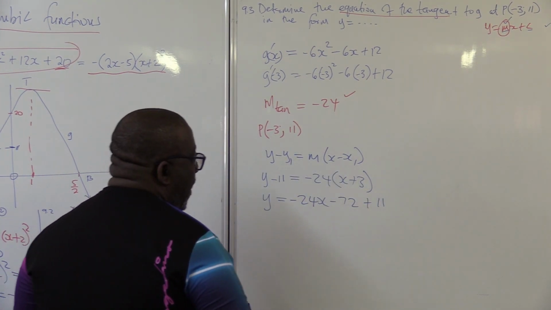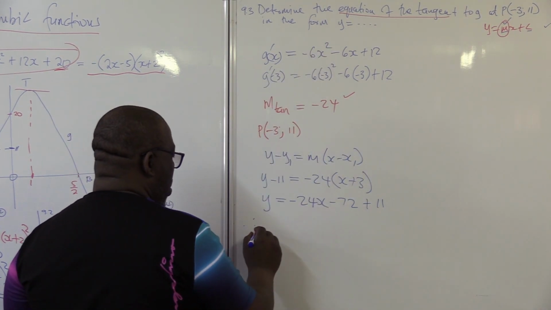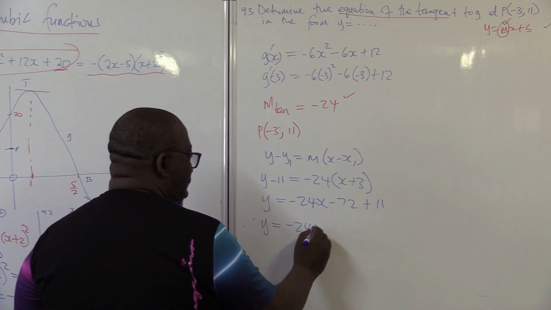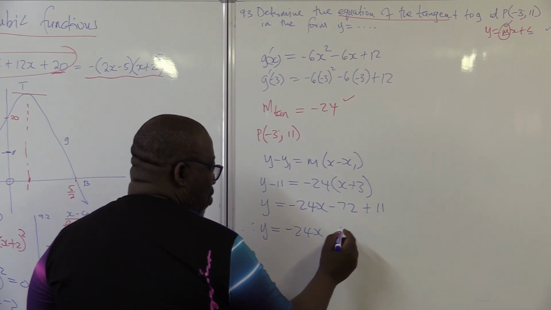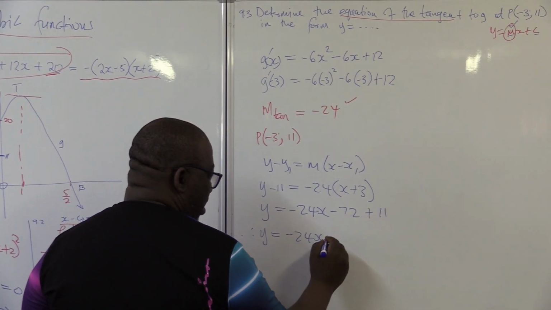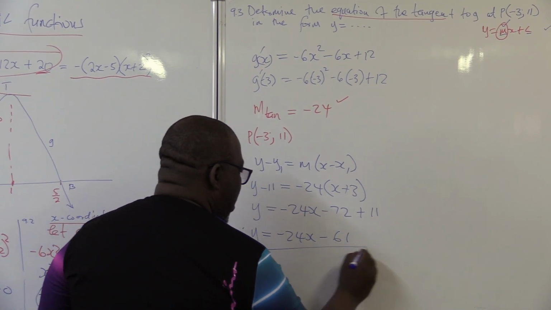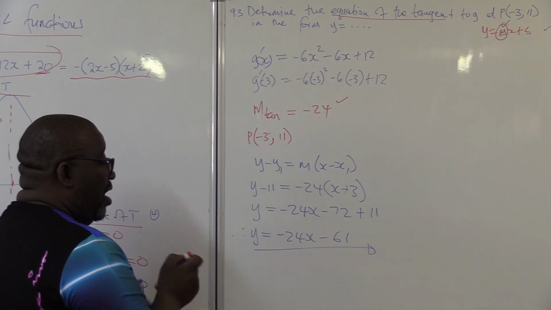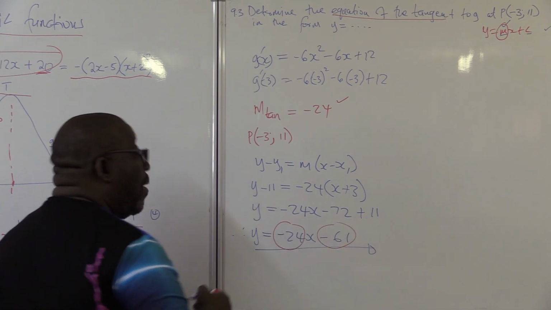Therefore, the equation of the tangent will be y equals minus 24x minus 61. This is the equation of the tangent. This is what we're looking for. Remember, when you're looking for the equation of a straight line, you're just looking for m and c, and we found both.